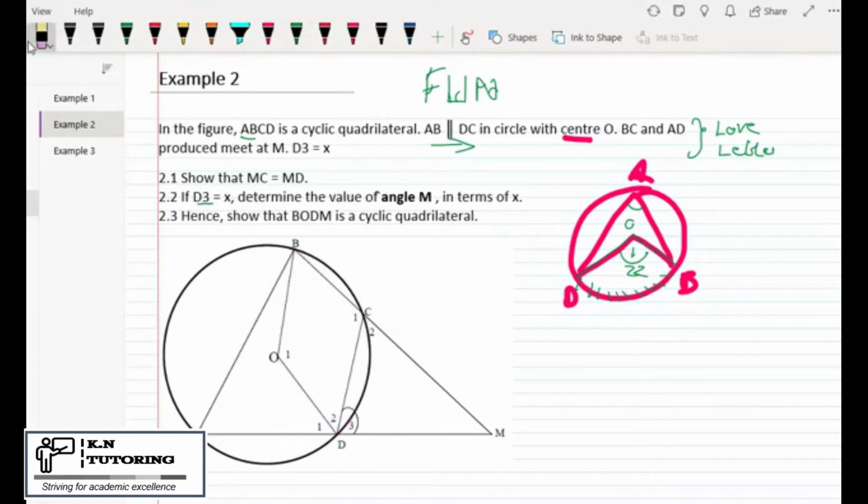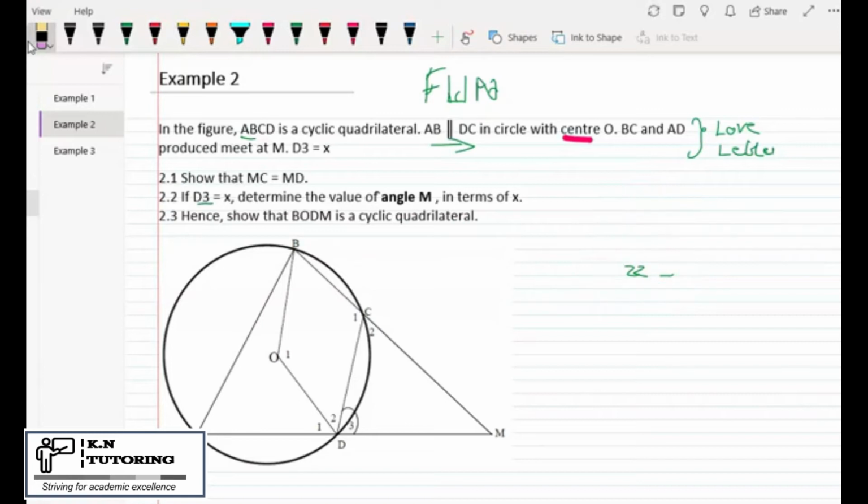So that's how you analyze the problem statement. Let's now solve the problem. Alright, show that MC is equal to MD. Okay, very interesting. How do we prove that these lines are equal? Let's go and check on the diagram.